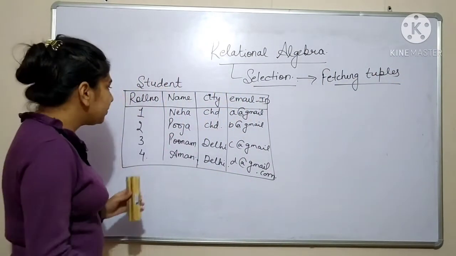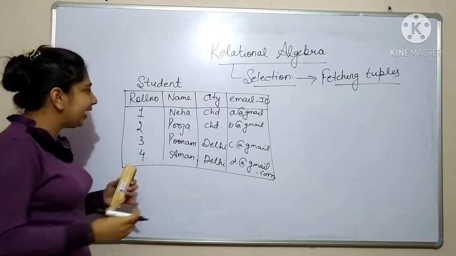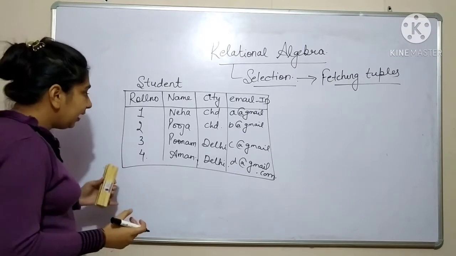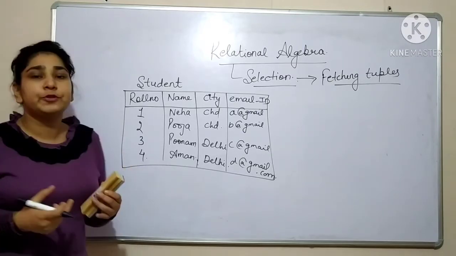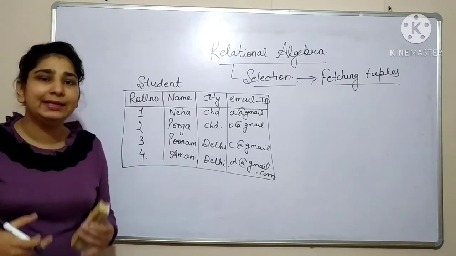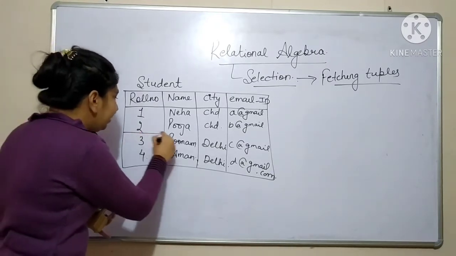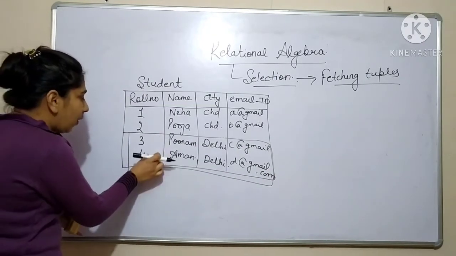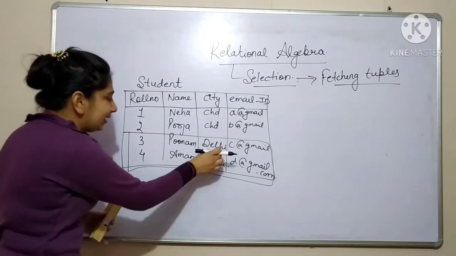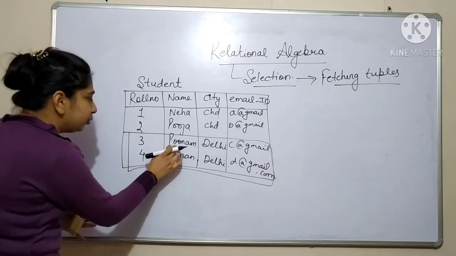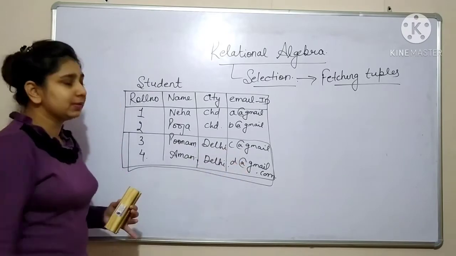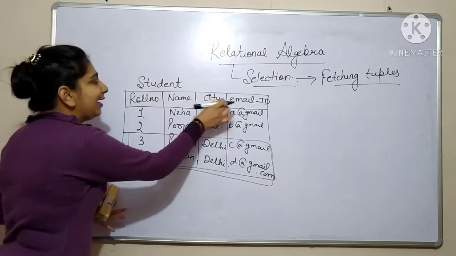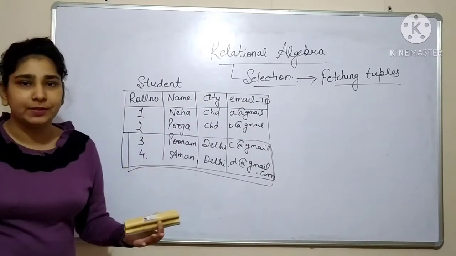Let's suppose I want to fetch the details of the students who belong to the city Delhi. I will be fetching these two tuples, these two rows, because only roll numbers 3 and 4 belong to Delhi. You will get all of the attributes in your output.